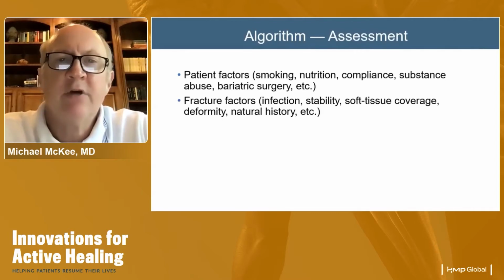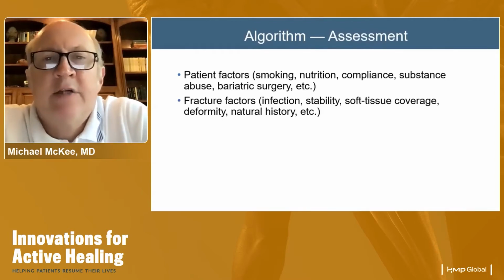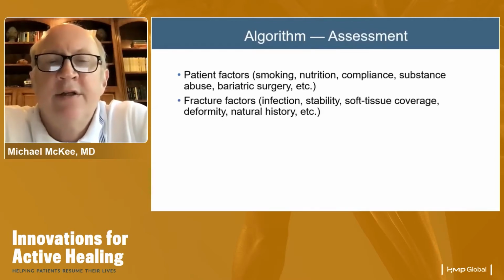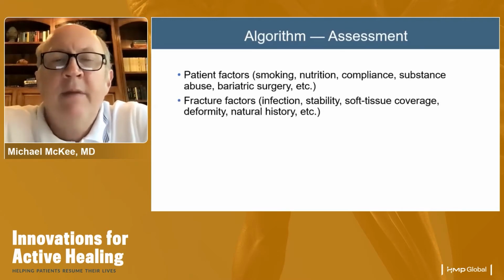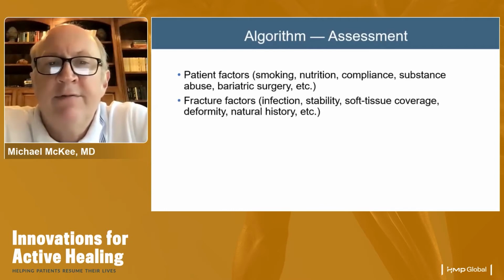When we look at patients who have a non-union, the first and most critical aspect of their treatment is to carefully assess both patient factors and fracture factors that may influence the healing of an associated fracture or the development of a non-union.